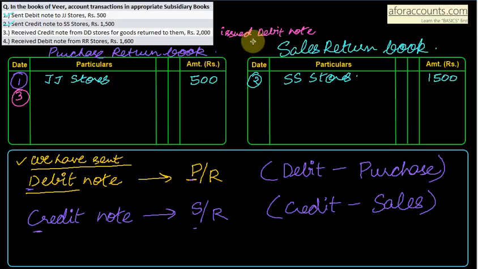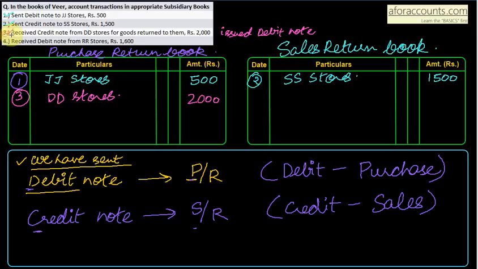I issued debit note means purchase return में जाएगा. So DD Stores, for goods returned to them 2000. Here it is also clearly mentioned goods returned to them. उनको मैंने goods return किए हैं. So at some point of time मैंने purchase किए होंगे, तभी तो मैं purchase को आज return कर रही हूँ. So again this is getting clear.